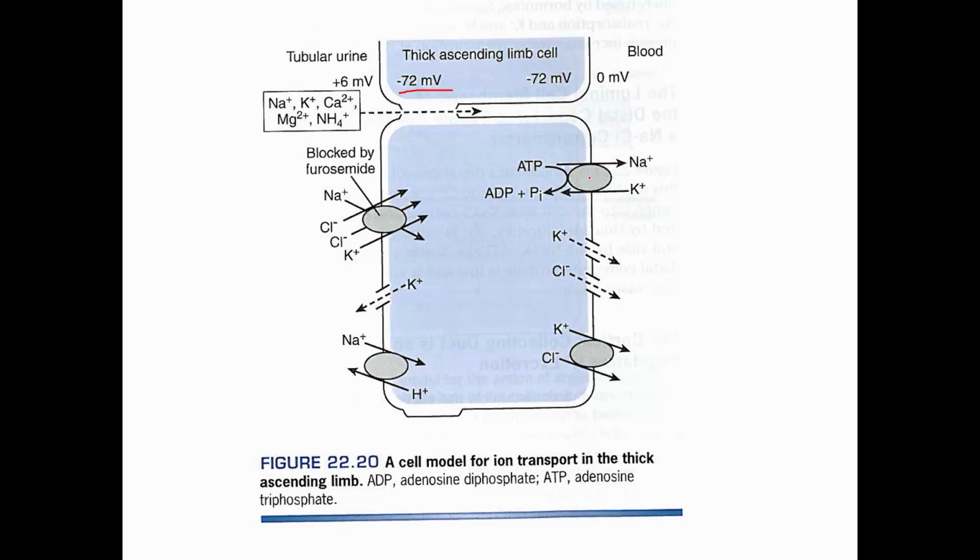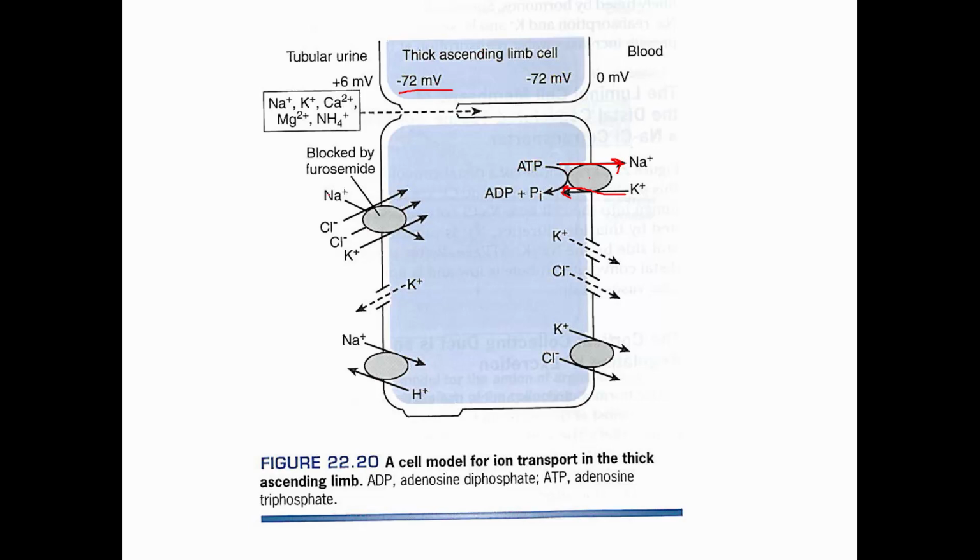Okay, great. So we're in the ascending limb of the loop of Henle. Looky here, sodium potassium ATPases. We're pumping in potassium. We're pumping out sodium. We're creating a gradient. Potassium can leak out. Chloride can leak out. We also have some potassium chloride transporters. So essentially what's happening is we're using this primary active transporter to create a sodium gradient.